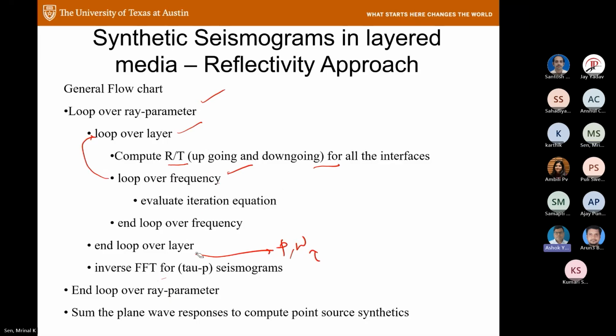Okay? Where does Zoeppritz's equation fit into this? It is the reflection coefficient, yes, individual reflection coefficients for all interfaces. Okay. So it uses Zoeppritz coefficient. And for anisotropic medium, of course, you don't have analytic form, so that has to be computed by solving an eigenvalue problem. But for now, you can ignore that.